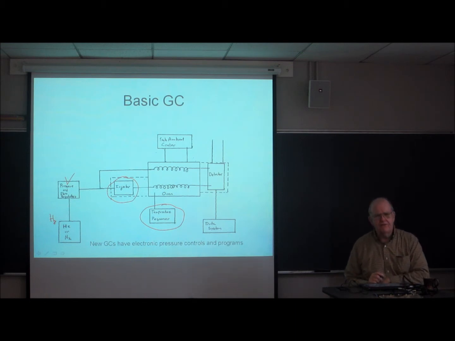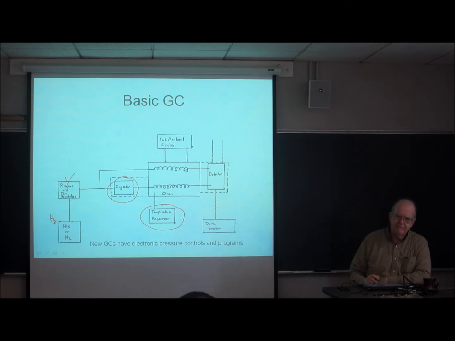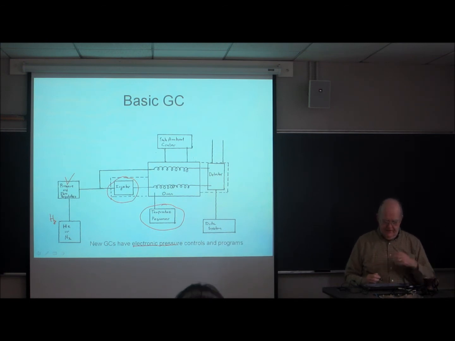Now, in the past, I would say roughly 10 years, a lot of companies have started offering electronic pressure regulation, which means it's a computer-controlled pressure regulator. It also has flow regulation. That's a new thing. It is a very useful feature to have.